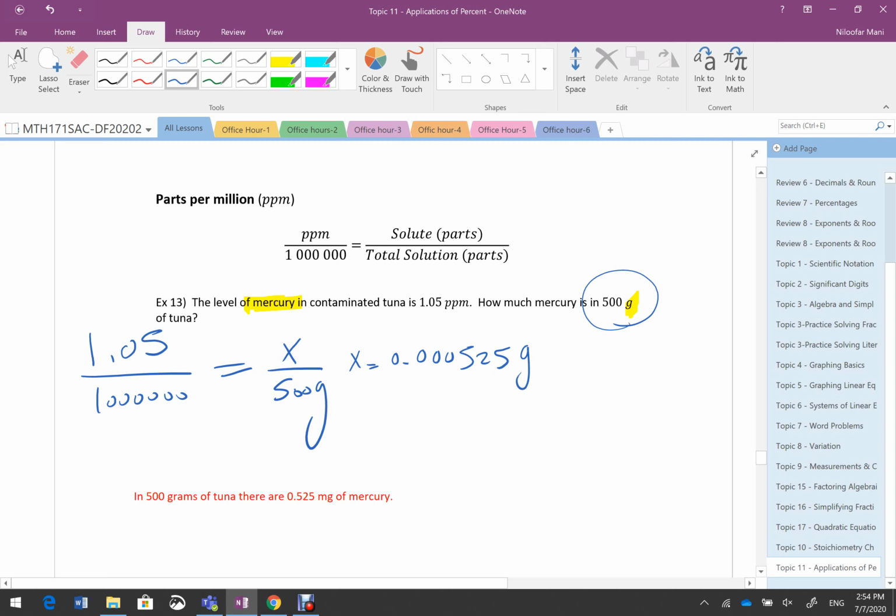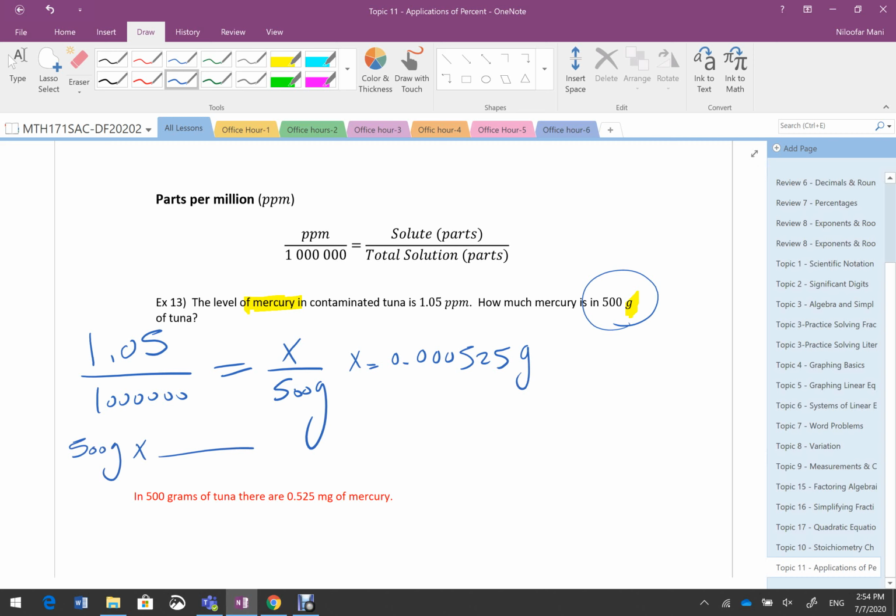Or I can go by conversion. Okay, so I want to go from 500 gram total, multiply. I want to go to part. 500 gram total is total 500 gram.